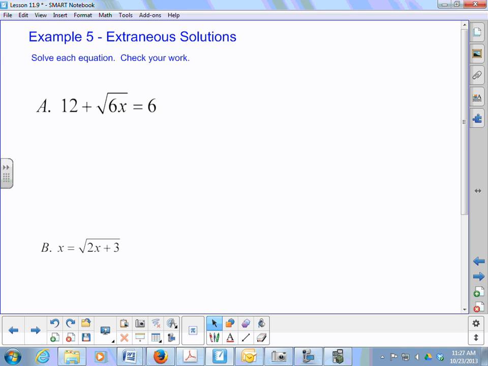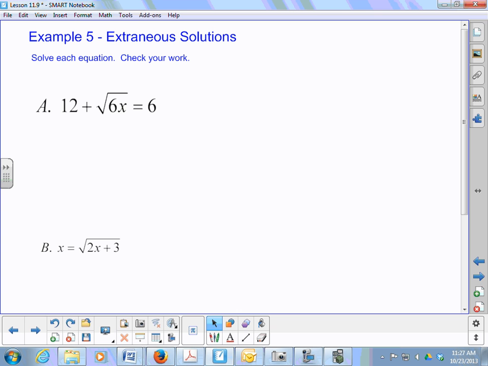If I start with 12 and I add a number to 12, can I get 6? I can if that number is negative 6, right? Can I take a square root and get a negative 6 from that square root?